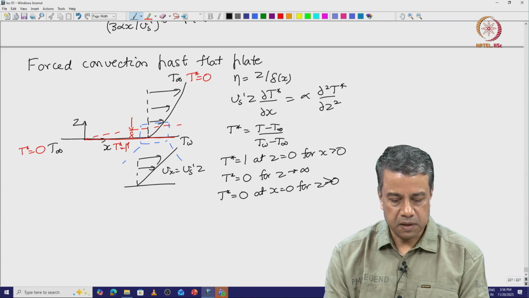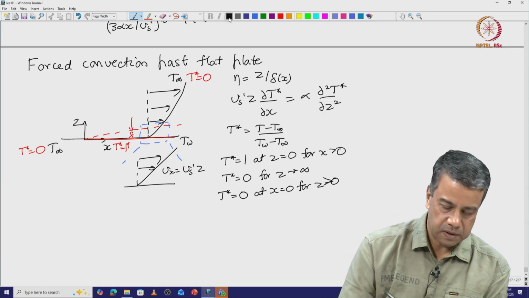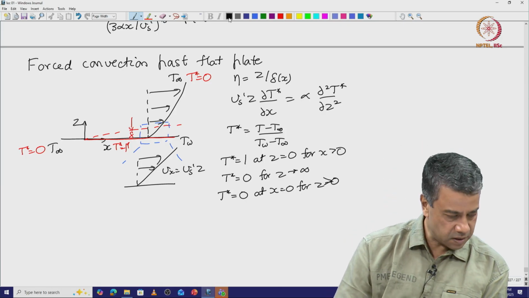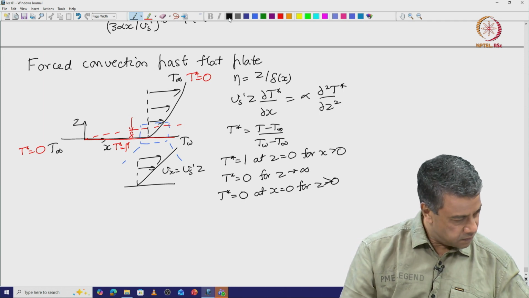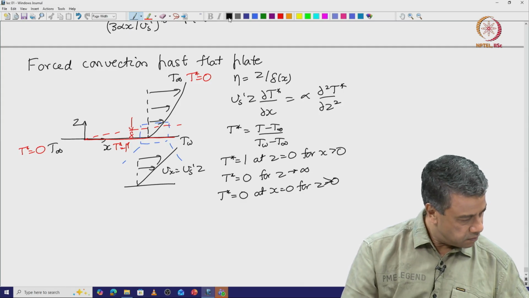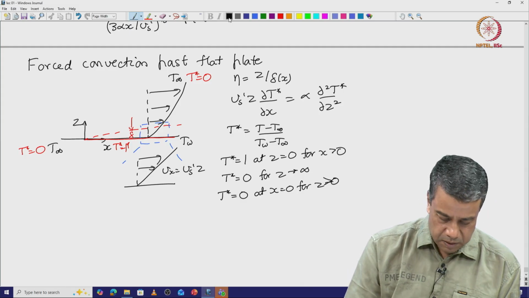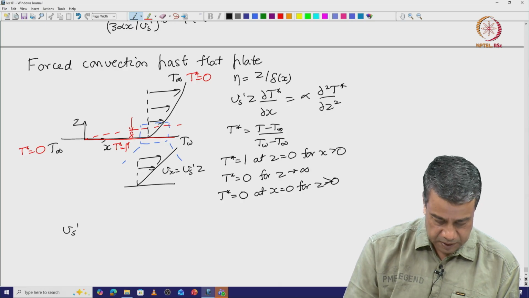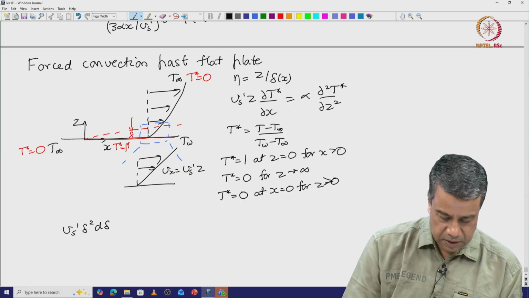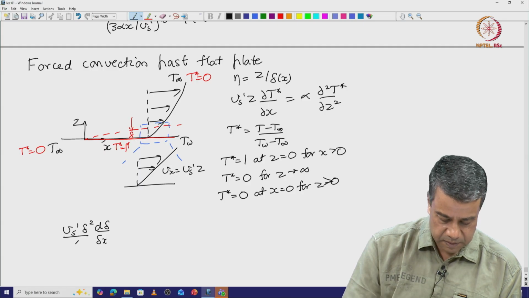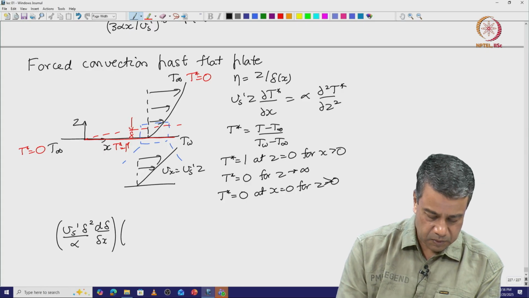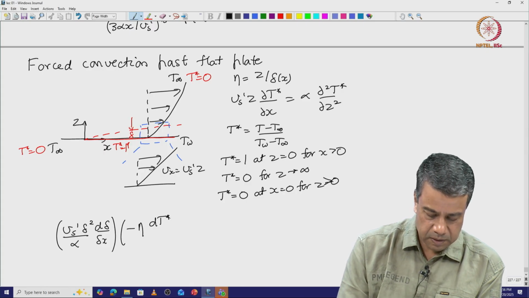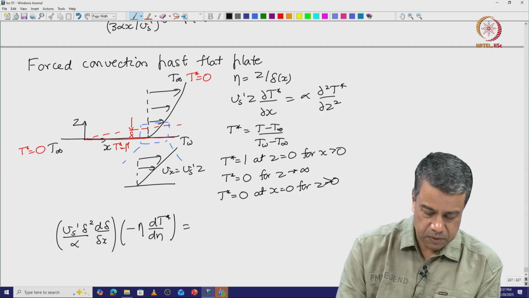We had substituted in terms of the similarity variable, and if you recall, we had got an equation of the form Vs prime delta square d delta by dx, Vs prime by alpha, into minus eta dT star by d eta is equal to d square T star by d eta square.